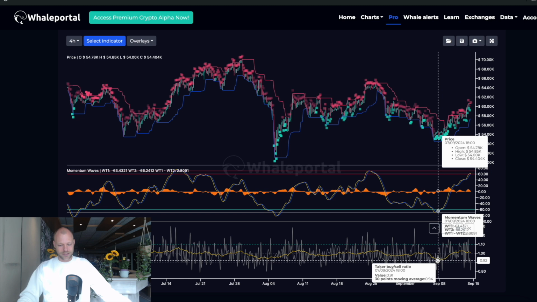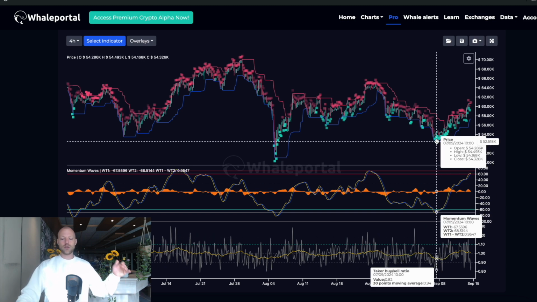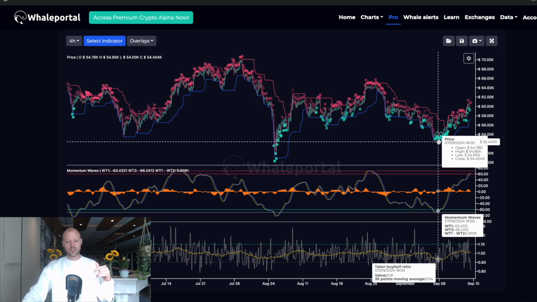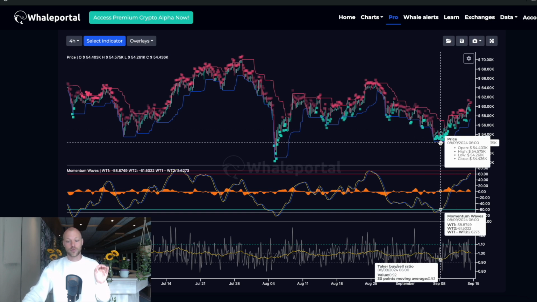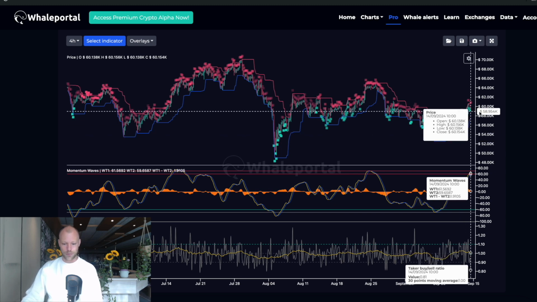But when we have a look at the taker buy sell ratio, at this specific moment, most people are opening short positions using a market order. They feel FOMO to be in a short position. So when you combine all of these metrics, you can quite confidently say, okay, the chances that we are going up is way higher than going down. The risk to reward for long positions looks way better here than to open short positions.